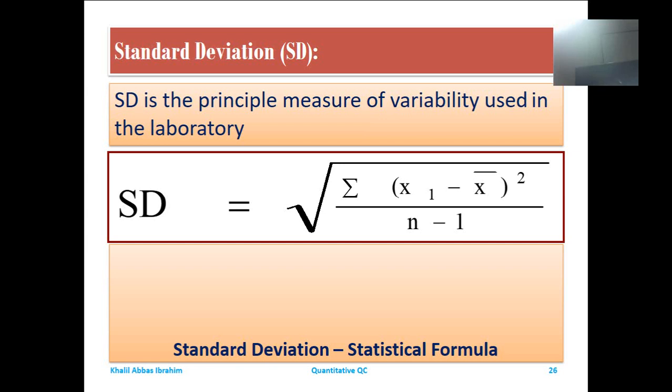Then use that equation to sum all the differences between the mean and every single value you have obtained by examining the control materials, raise that sum to the power 2, and divide by the number of measurements minus 1. This is how standard deviation can be calculated.